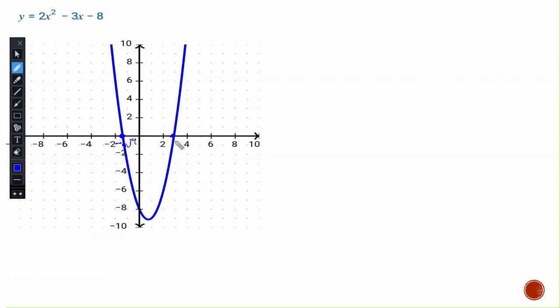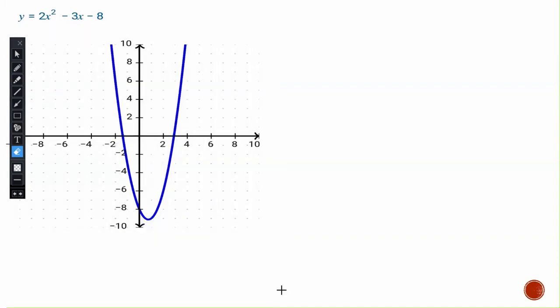And then here we had something like 2.89, right? So it makes sense. And then looking at your turning point, we said it's (3/4, -73/8), right? So we can see here we got irrational values for the x-intercepts.